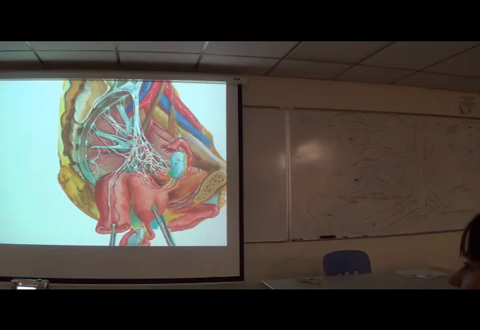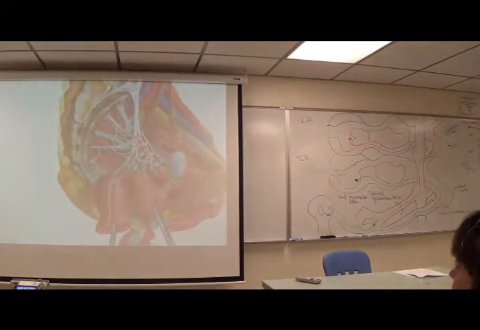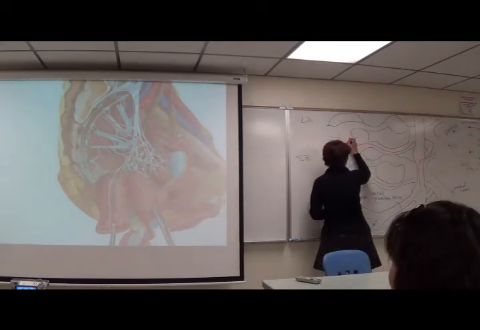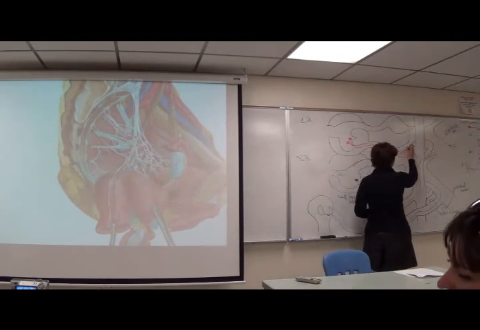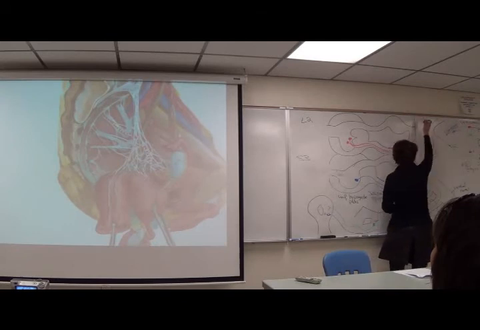Okay. So that's similar to what I added to the board. We could put all the stuff together and put in all the descending and ascending. For picture only, I'm going to do that. Don't look at this until you've studied the other stuff, okay? But just so you have it all together on one picture, I'm going to provide that. So we have a preganglionic neuron coming in the white ramus, going up.